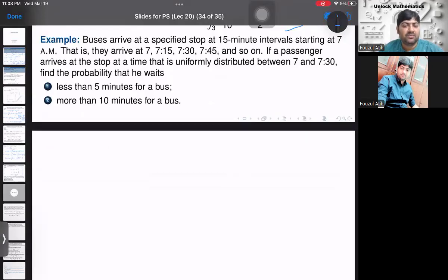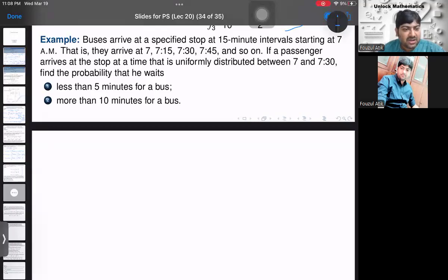And now if a passenger arrives at the stop at a time that is uniformly distributed between 7 and 7:30, find the probability that he waits for less than 5 minutes for a bus or more than 10 minutes for a bus. So here, what is the random variable?